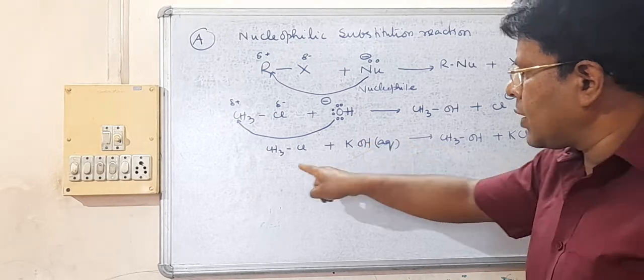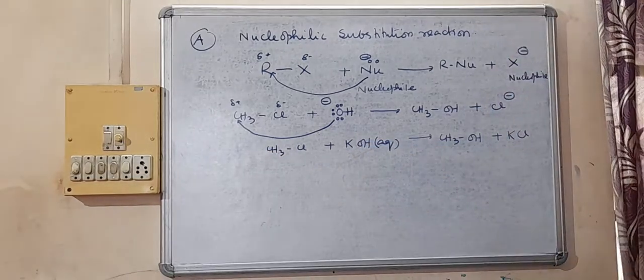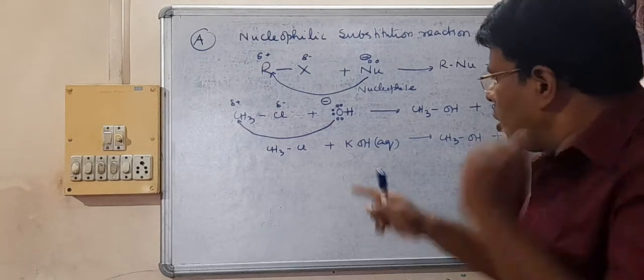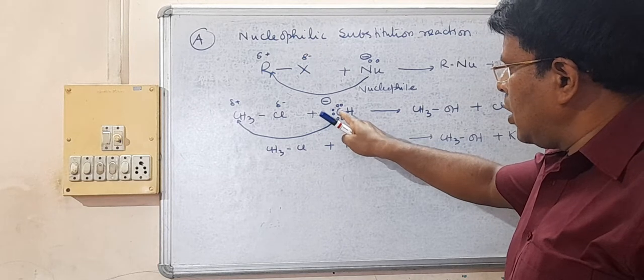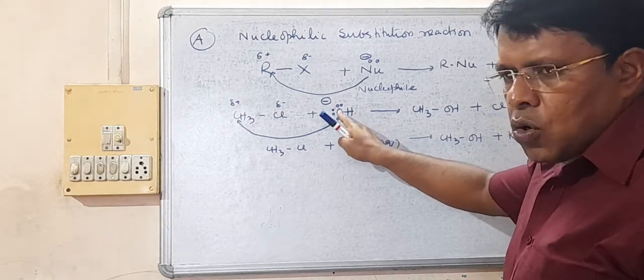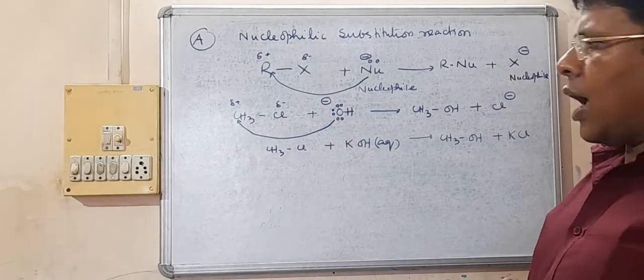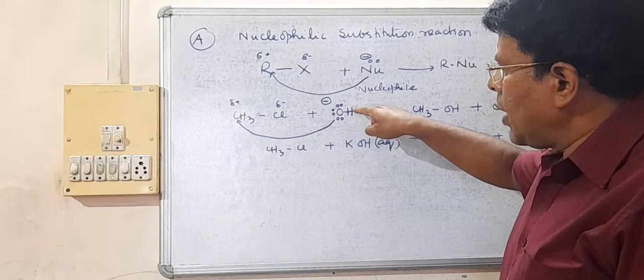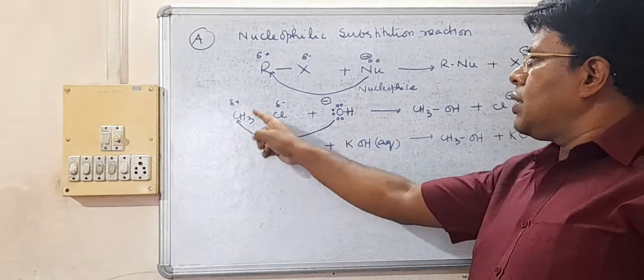The nucleophile attacks at the electrophilic center. Now you should also be very sure that in this nucleophile there are two atoms, one is O, another is H. The attacking site is O. The attacking site is not H. Remember, it is attacking through O.